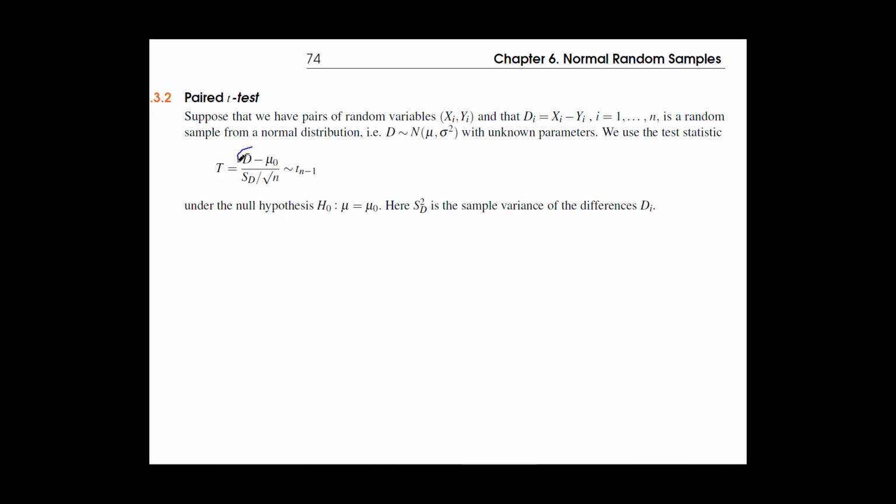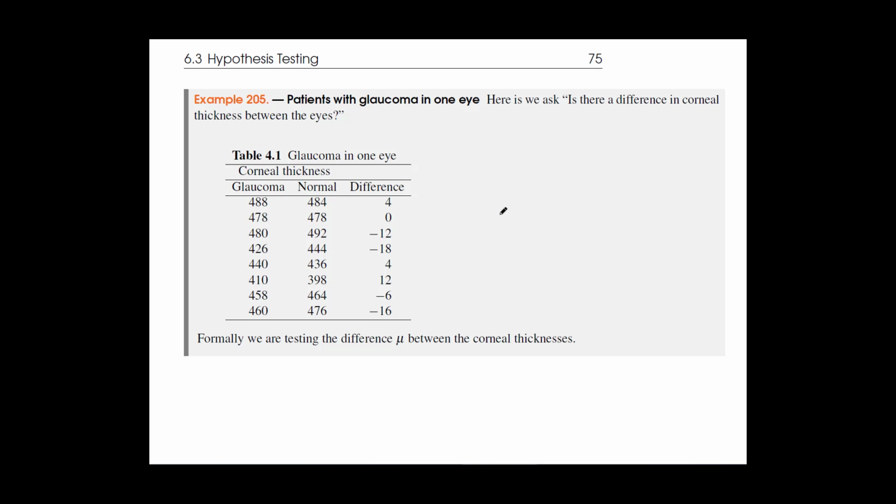We replace X bar by D bar, and we do everything with respect to the variable D, which before would have been the variable X by itself. So really that's one difference. The other difference will be how to compute the variance of the difference. So let's do an example.